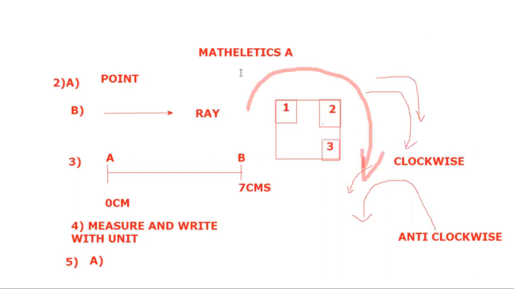Now, this square is moving in the clockwise direction again. So where will be the fourth square, the blank part? Which one is needed? You are asked to draw.